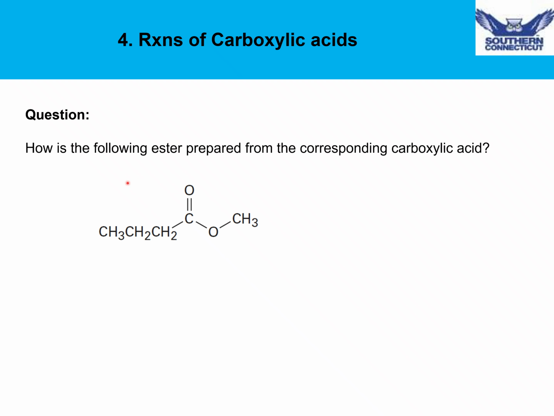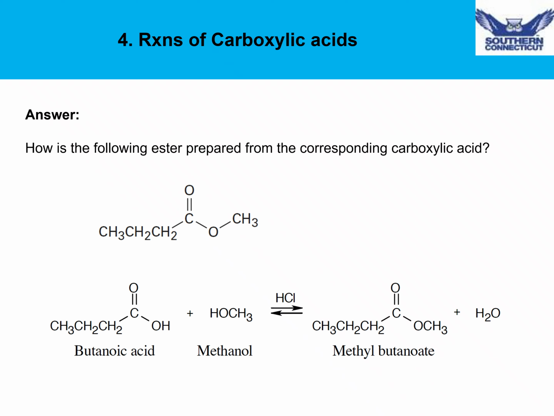In this question, we want to attempt to prepare the following ester from a corresponding carboxylic acid. In this chapter, we looked at 3 different reactions that can do this.